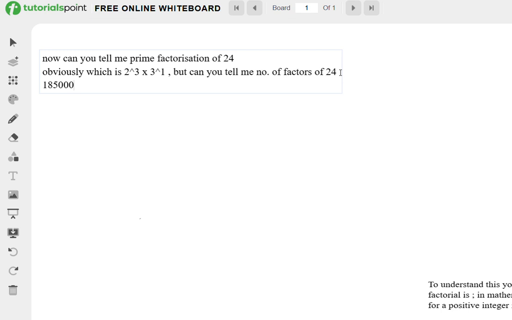And if you know the fact that composite numbers have a distinct prime factorization, which is made up of primes raised to some power, which comes from the fundamental theorem of arithmetic.